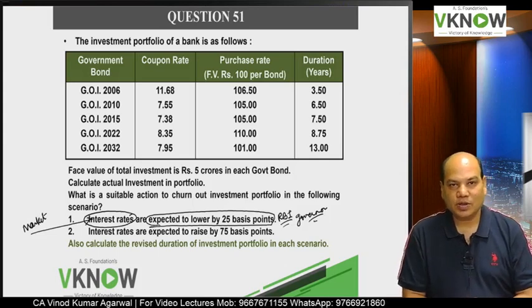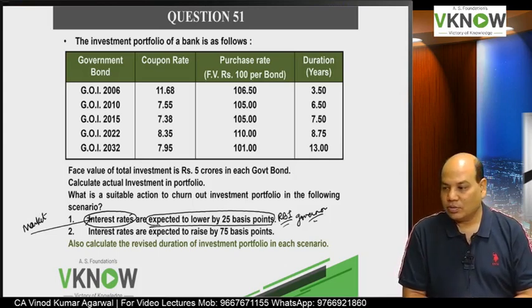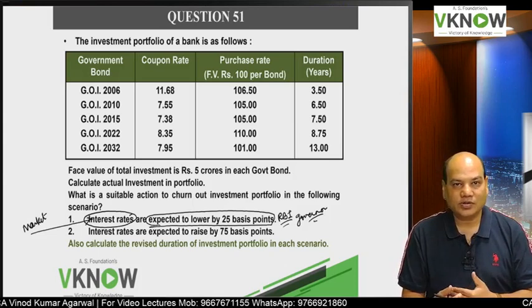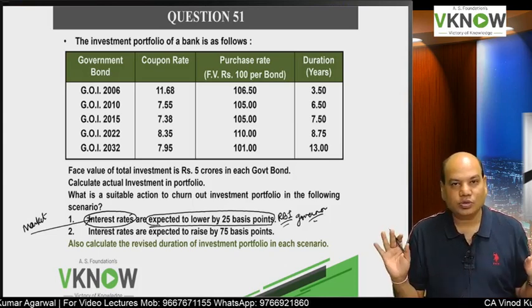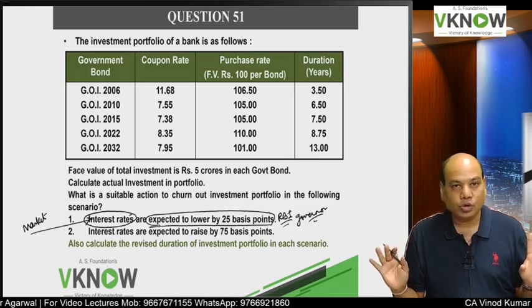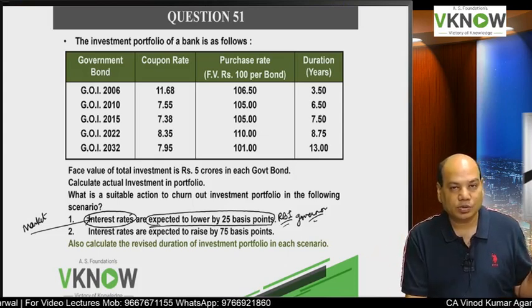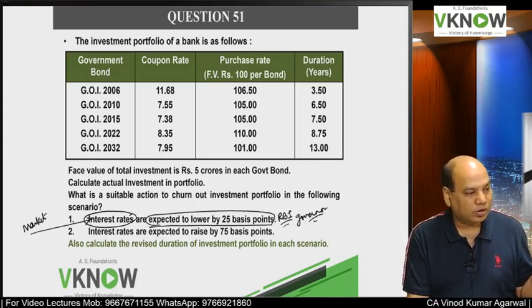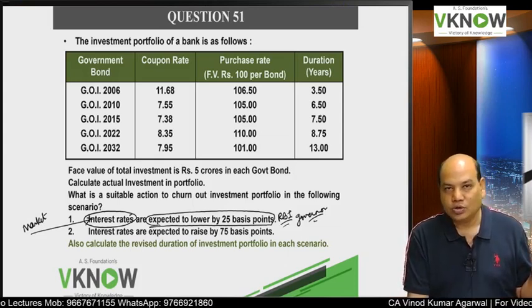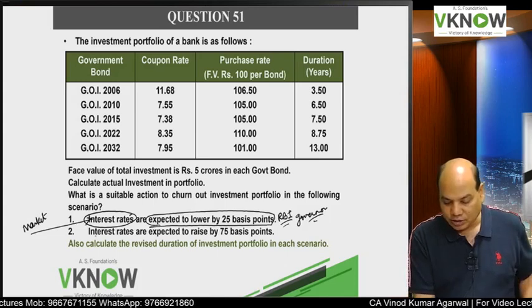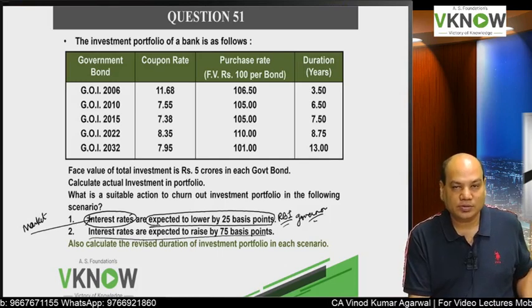After expecting that this time the RBI is going to reduce the interest rate by 25 basis points, what action as a fund manager, as a portfolio manager are you going to take? Are you just going to remain quiet as it is, or are you going to reshuffle your portfolio? If you reshuffle, which bond will you buy and which bond will you sell? And then the reverse question, interest rates are expected to rise by 75 basis points.